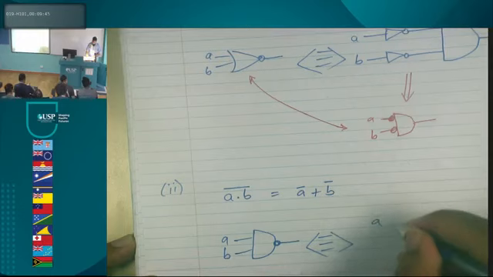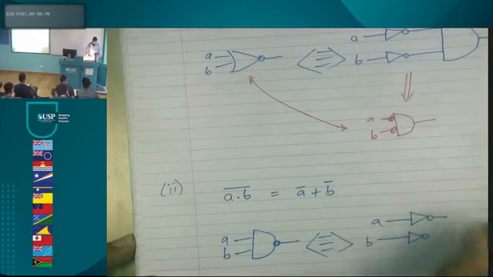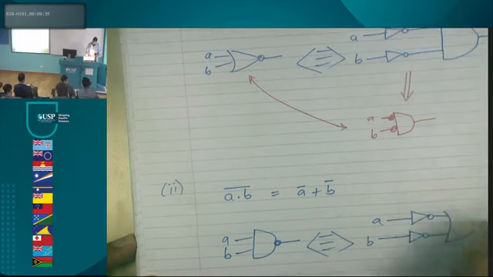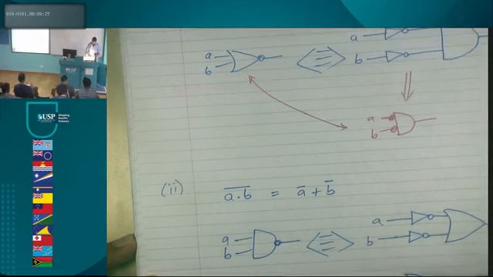Obviously that will be something like this, and then now you have an OR gate. And the proper symbolic way to draw this is something like that.